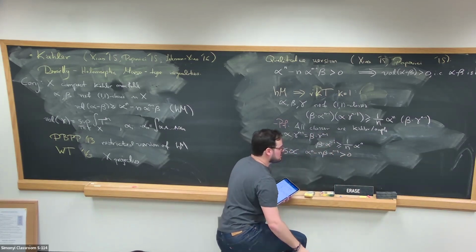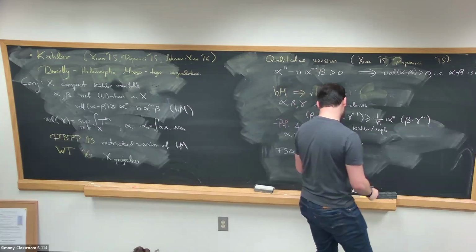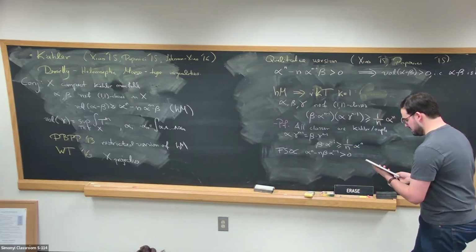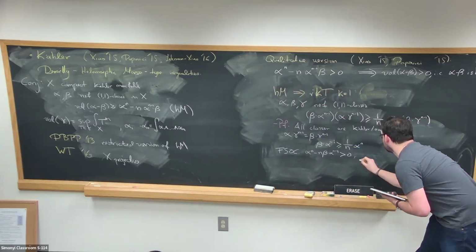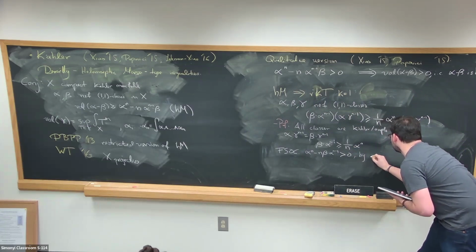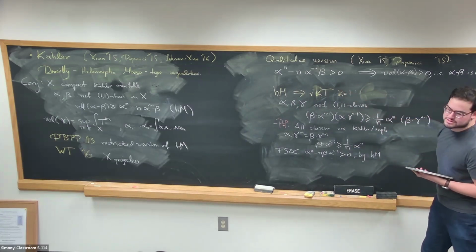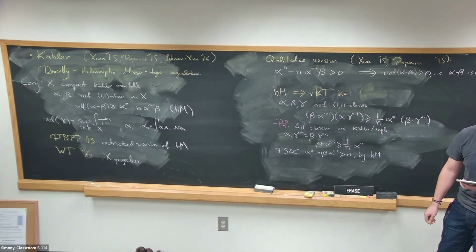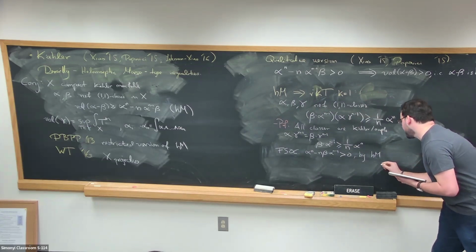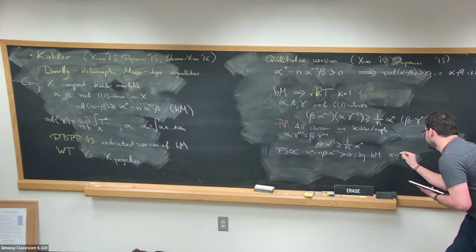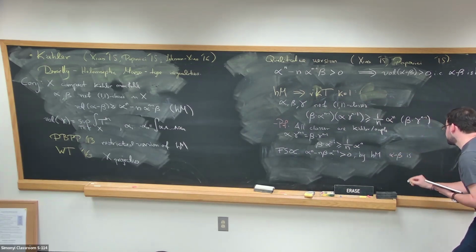This is the negation of this one over here. But then by this qualitative version of the holomorphic Morse type inequality, we have that alpha minus beta is big.